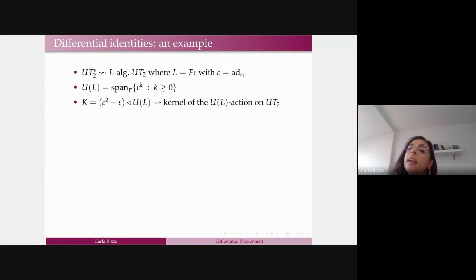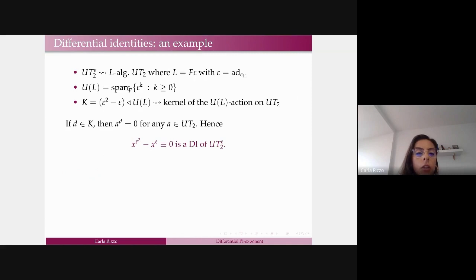So we are going to consider again UT_2 with epsilon, that is, UT_2 with the action of L, where L is the one-dimensional Lie algebra generated by the derivation induced by E11. We already know the kernel of the action of U(L).